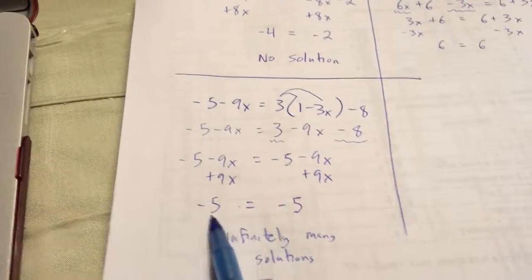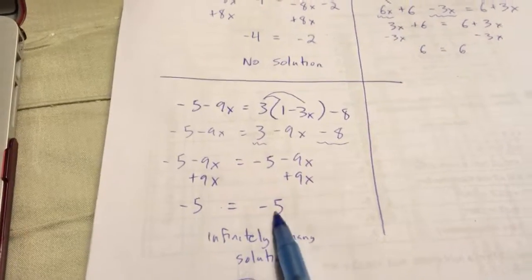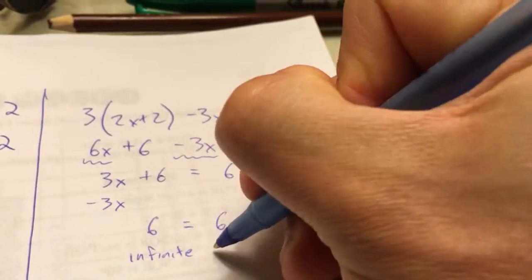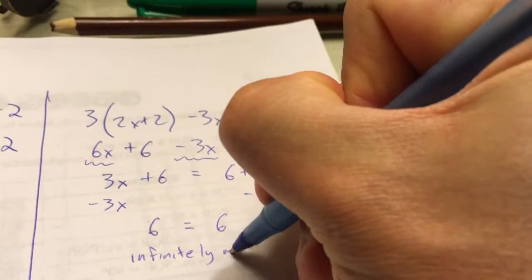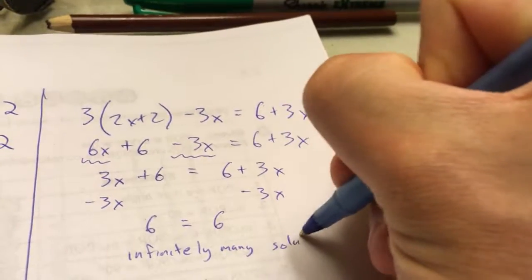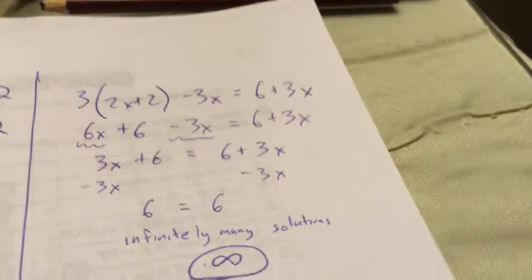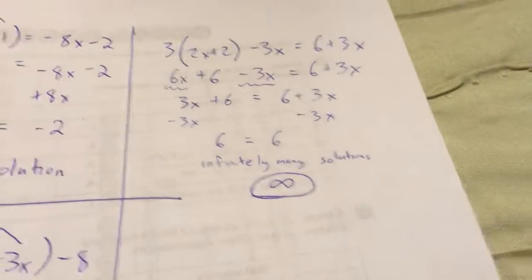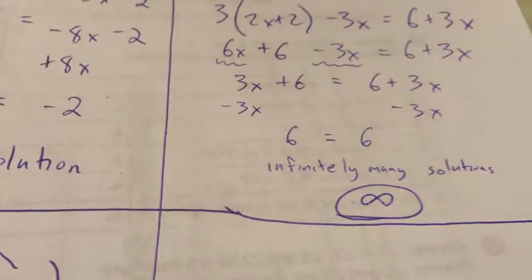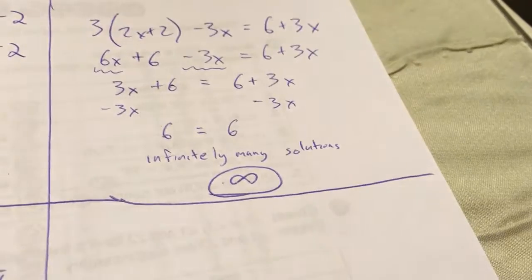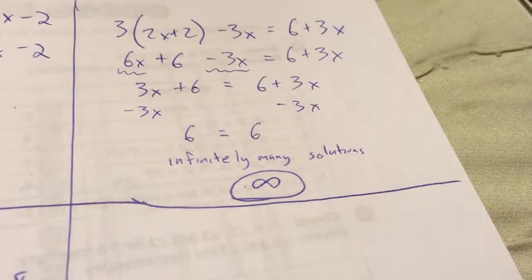If you're thinking infinitely many because you get some number equals itself, then you're right. There are infinitely many solutions, which I'm just going to write as an infinity symbol. And there we go. That is our answer for number 1 in the examples in the notes packet.